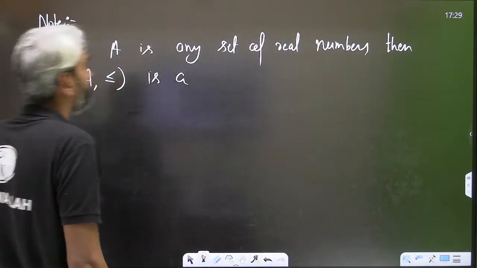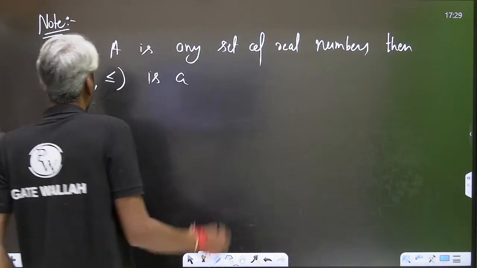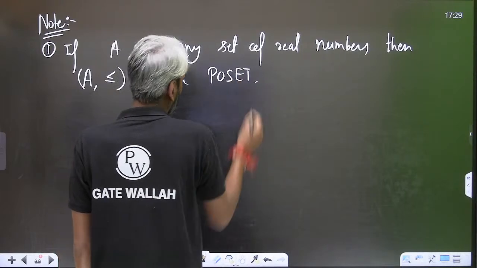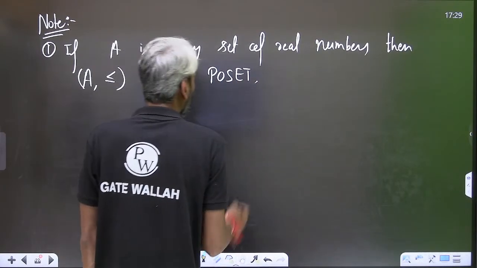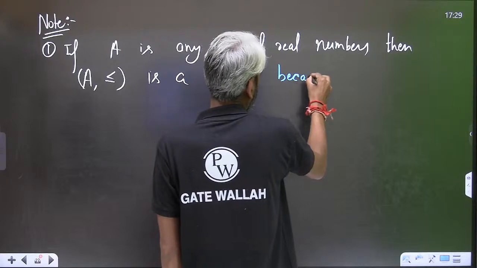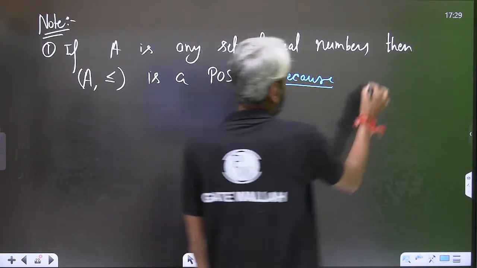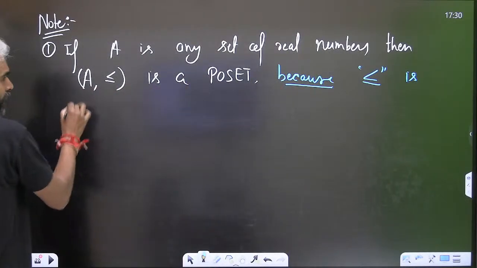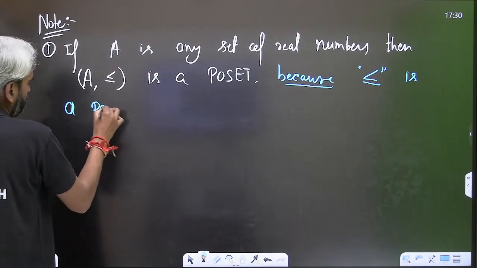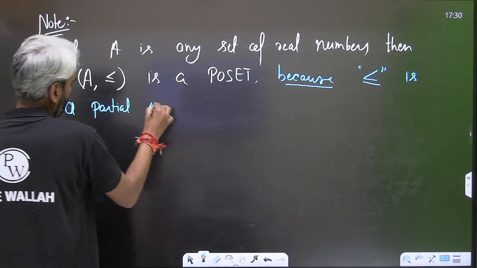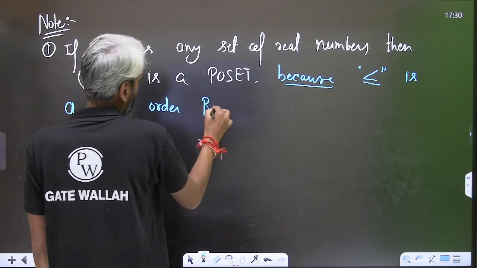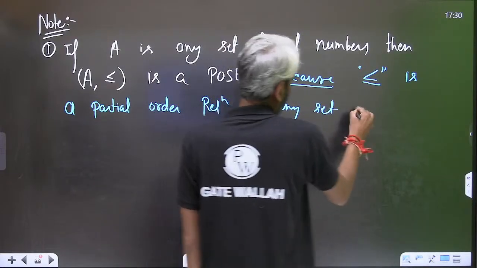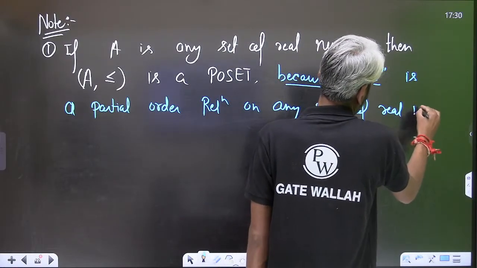So if A is any set of real numbers, then (A, ≤) is a poset. Why? Because less than or equal to is a partial order relation on any set of real numbers.